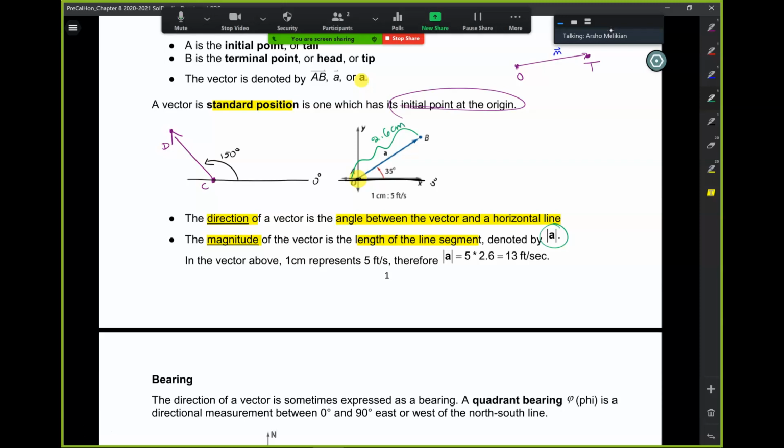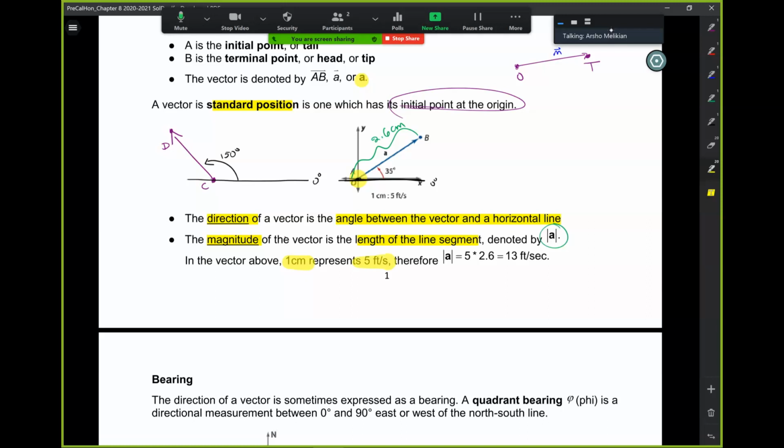Okay? Now, often a vector can represent something's velocity. If something is traveling with a velocity of 654 meters per second, you're not going to draw a vector that's 654 anything long, right? That's just silly. You're going to scale it down. So for example, in this diagram, suppose you're told that each centimeter represents 5 feet per second.